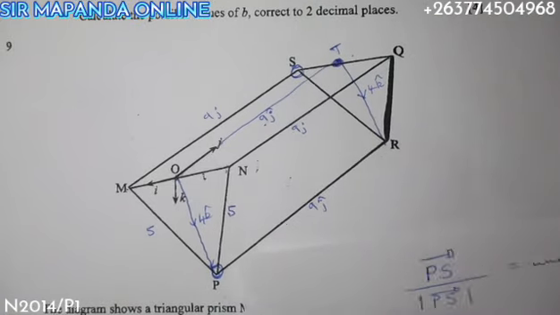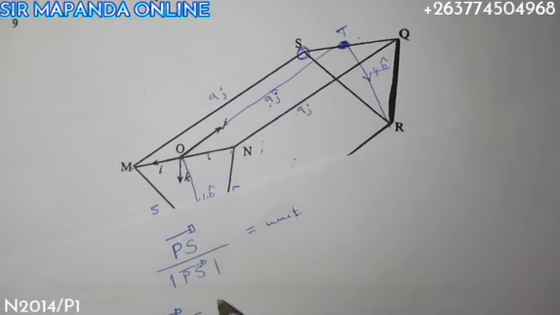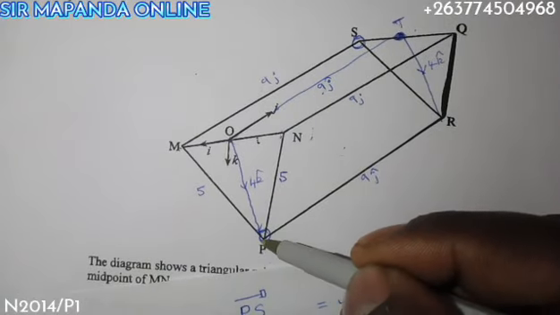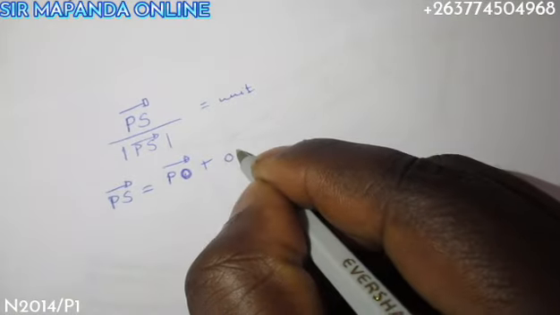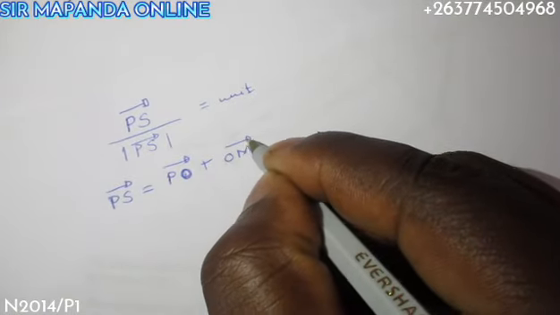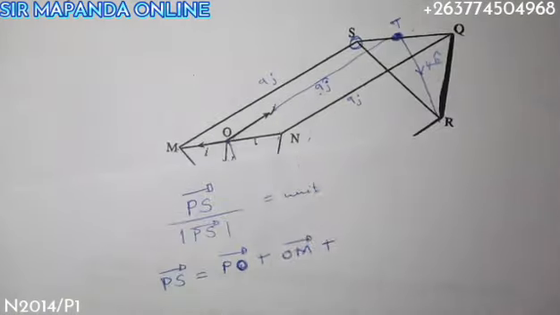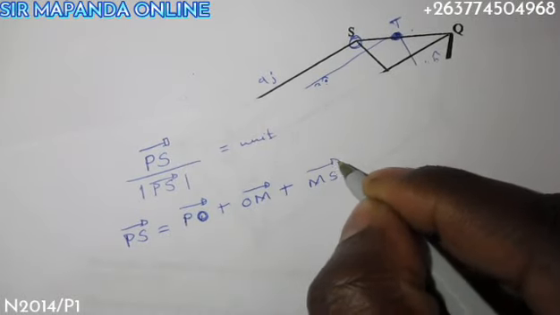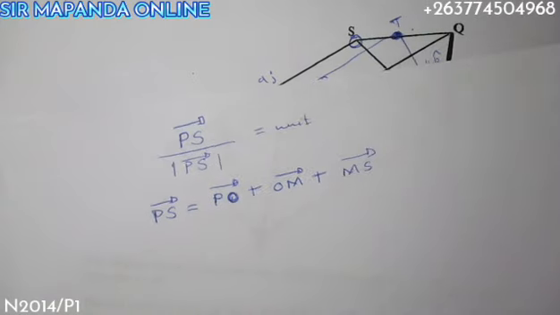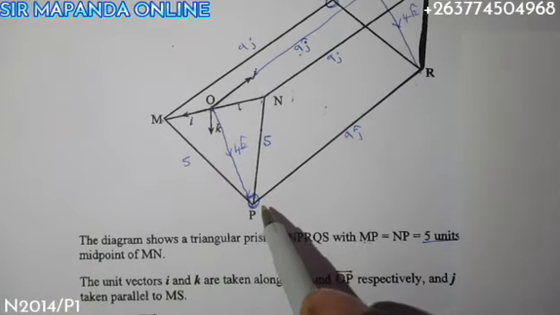So we want to find PS. We can say PO first, so this is PO from P to O, plus OM, plus MS. So what is PO?